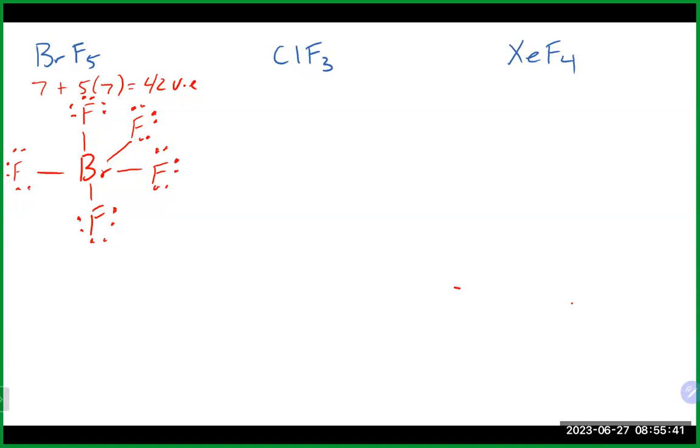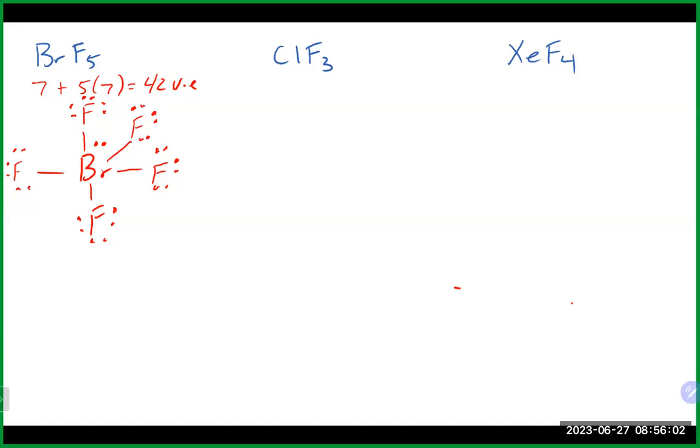So I now have 40 electrons. I still have 2 more to go. Just like the other way, we then go to the center atom and put them on as a pair of dots on the central atom. That now has 42 electrons. Everybody has 8. And in this case, bromine has more than 8, which is okay.